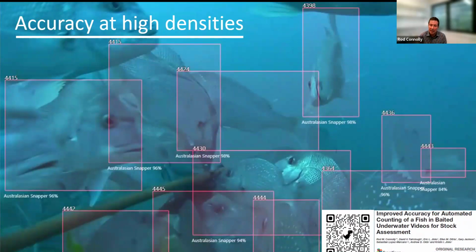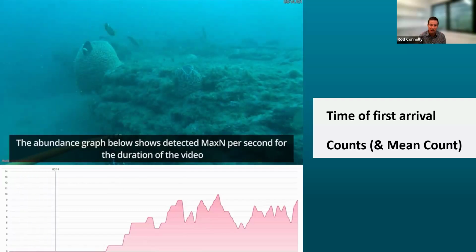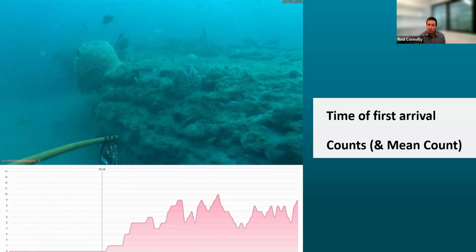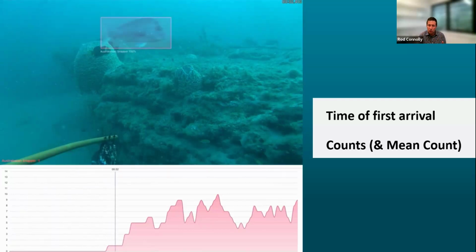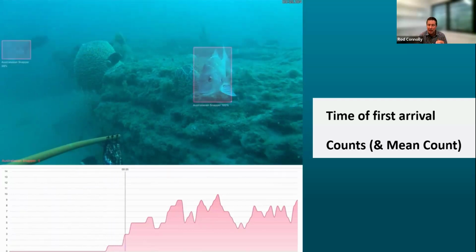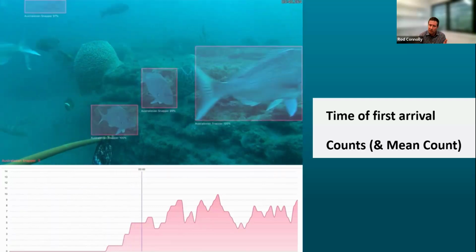And while we were doing that, we also were able to develop the technique to look at time at which the fish first arrives from when the baited video goes in. So that's that point. And then throughout the video, we get the actual counts through time. So we can not just look at MaxN, but also look at mean count. So they're just a couple of points that will come up later in the talk.